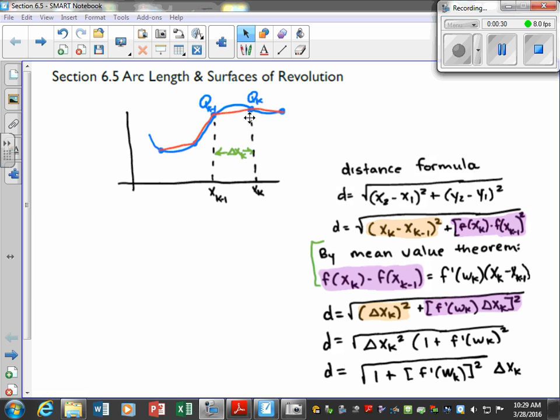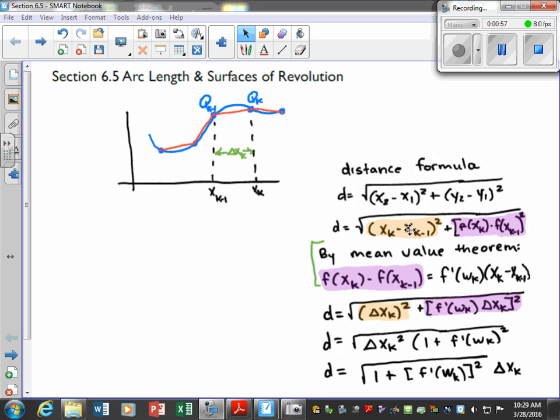Well, we're not talking about a straight line, so we're going to evaluate that with respect to the mean value theorem. So if I substitute our values here, x sub k subtract x sub k minus 1, that's the x value squared, plus f evaluated at x sub k, which would be your y value at this position, minus the change in y.